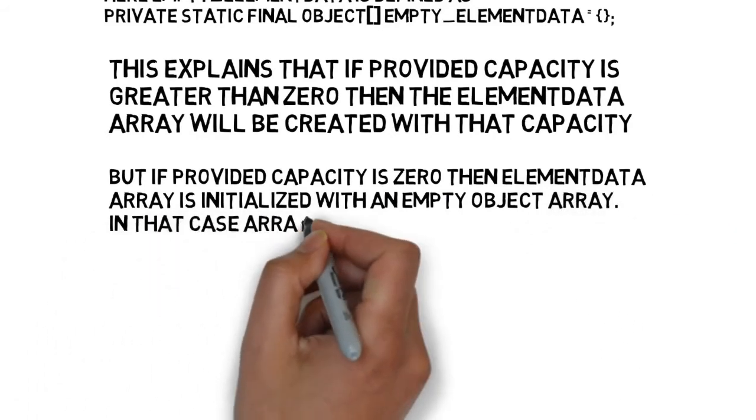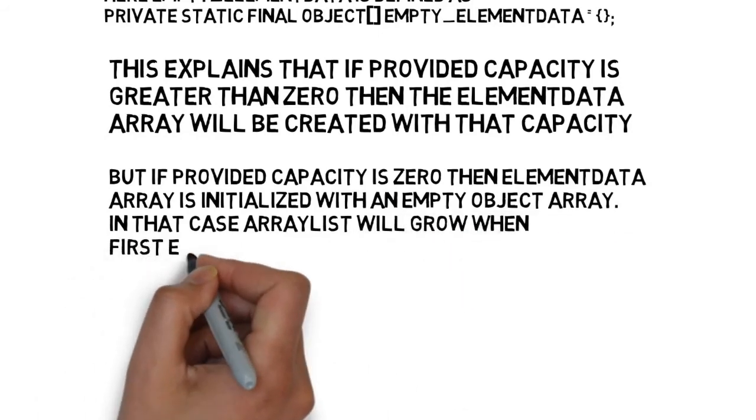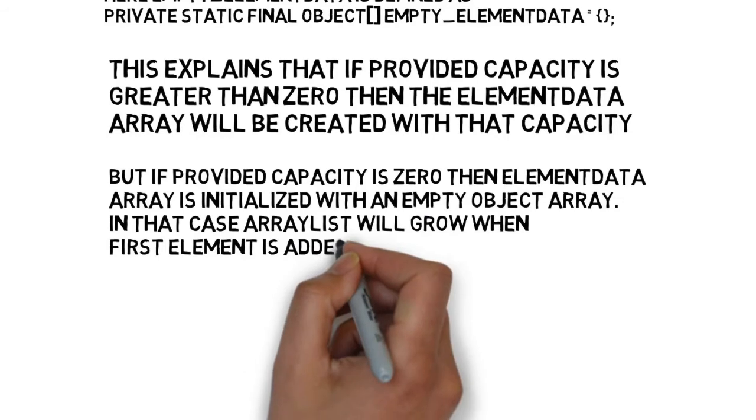If the provided capacity is 0, then the elementData array is initialized with an empty object array. In that case, ArrayList will grow when the first element is added.